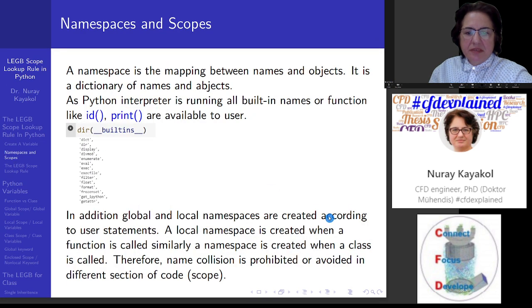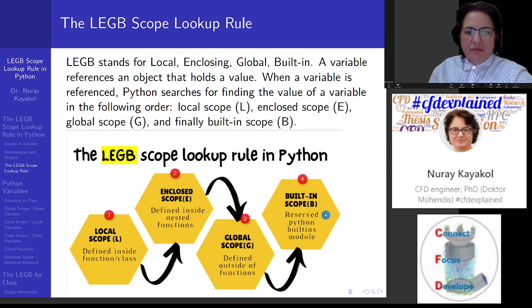I will skip this part again, and then namespaces and scopes. Here is the LEGB scope lookup rule in Python. So Python follows this procedure to find the value of a variable. It starts from local scope, enclosed scope, and then global scope.